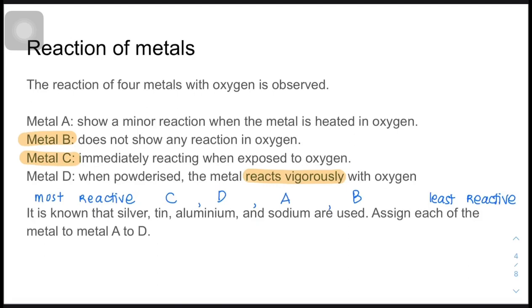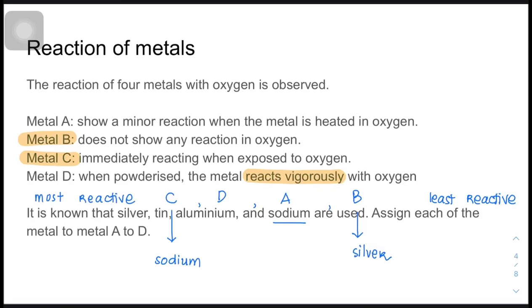Now we have four metals: silver, tin, aluminum, and sodium. Which one is the most reactive? Sodium is the most reactive. Then we know that C is sodium. And the least reactive is the noble metal, that is silver.